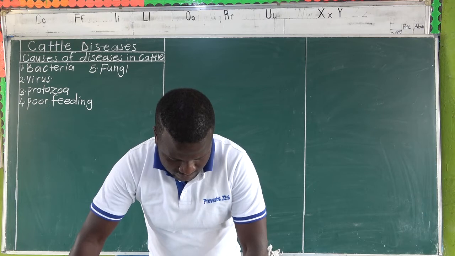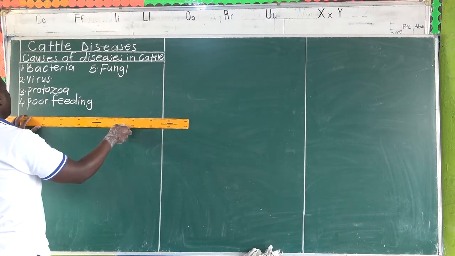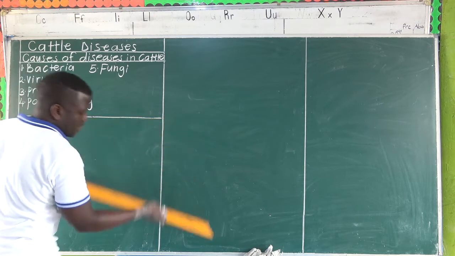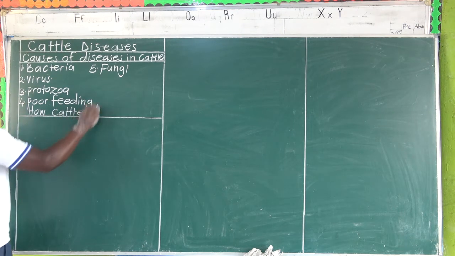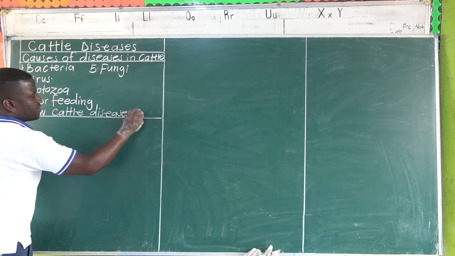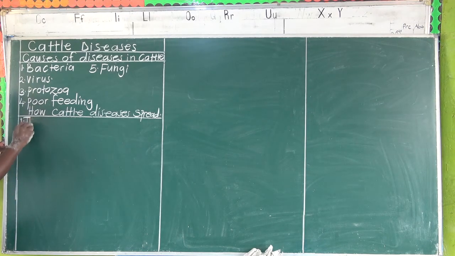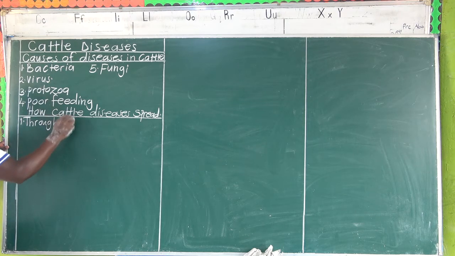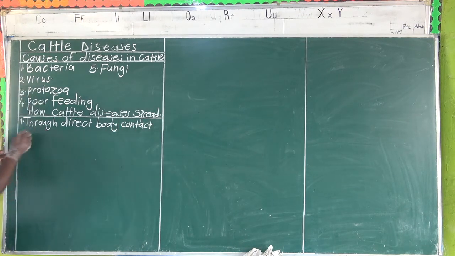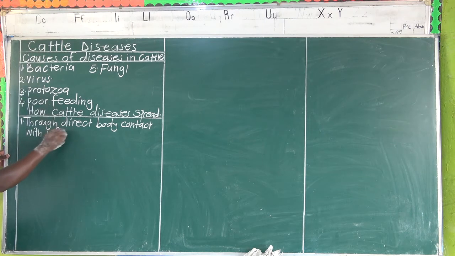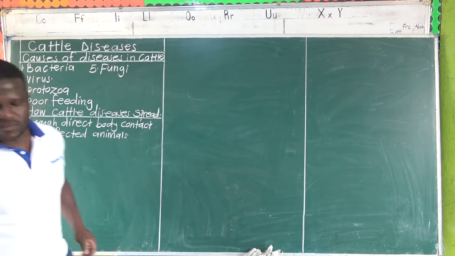Then how do cattle diseases spread? One, through direct body contact with infected animals.